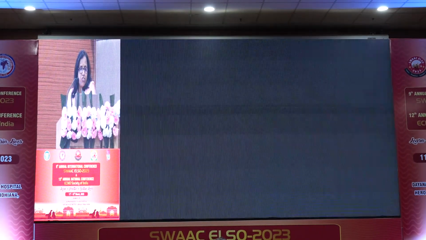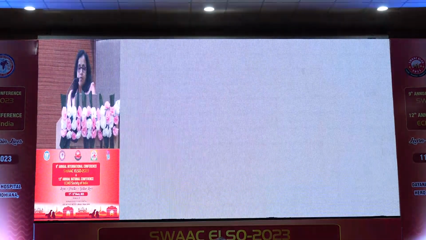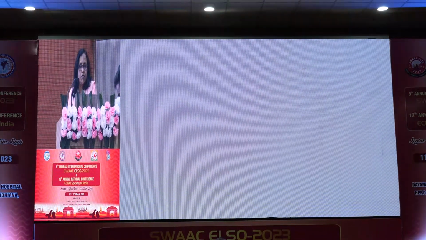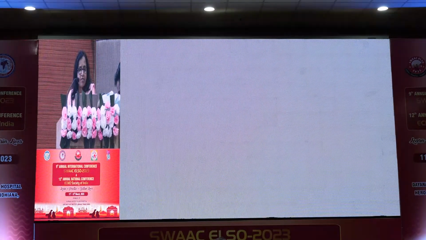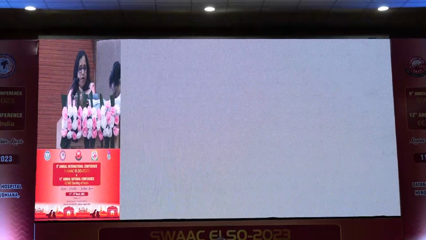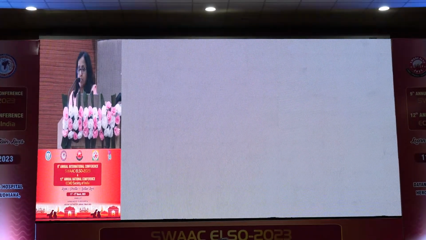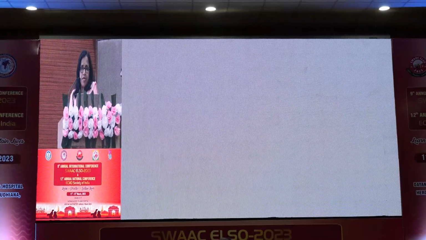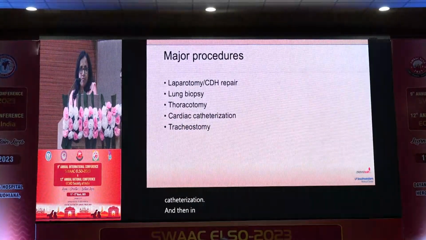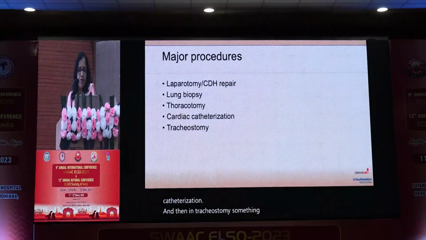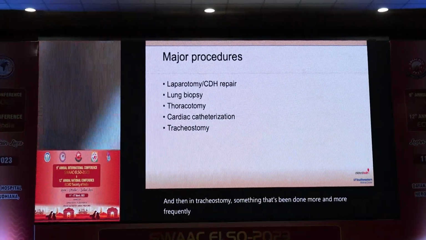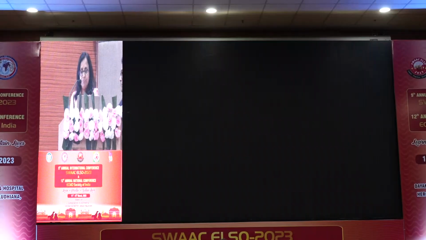Some of the major procedures that we think about are laparotomy, and in the neonatal population, CDH repair is something that we often do. Lung biopsies, thoracotomies, cardiac catheterization, and tracheostomy is something that's being done more and more frequently. And some of the minor procedures is anything that is done percutaneously.